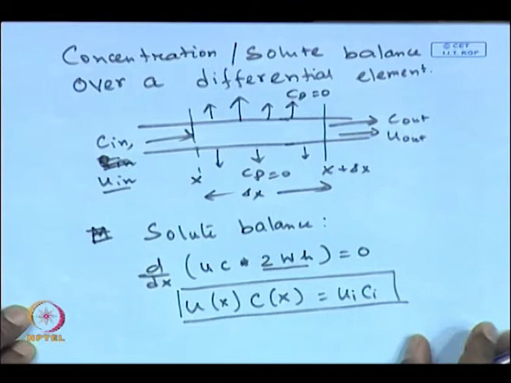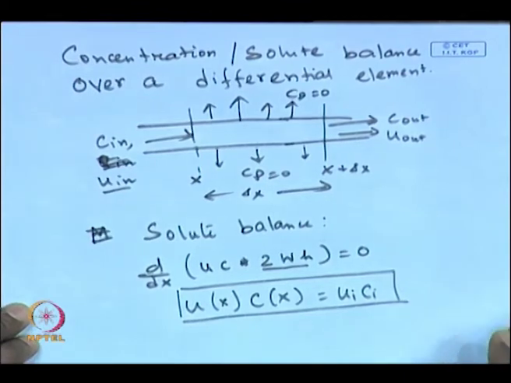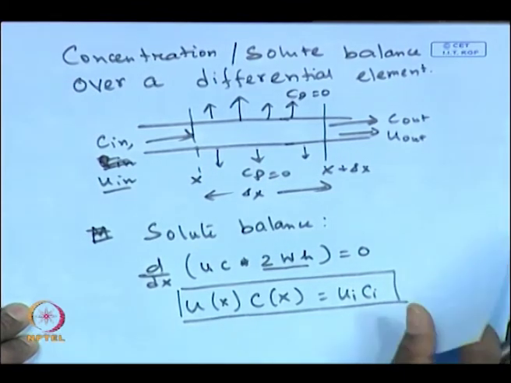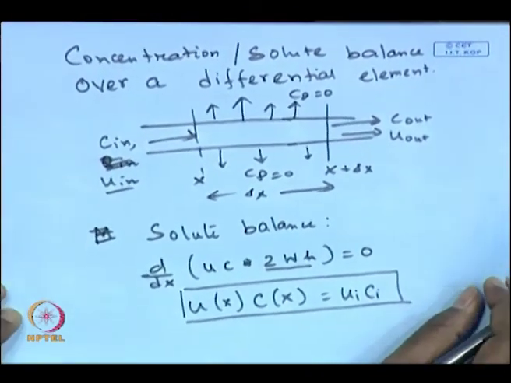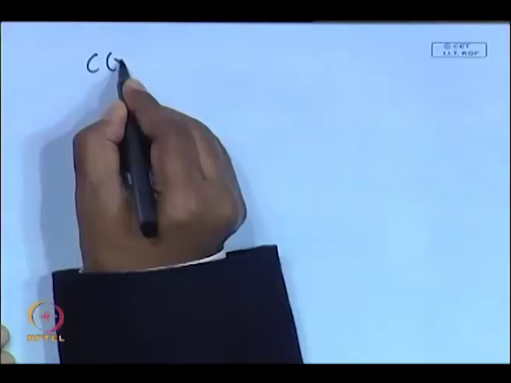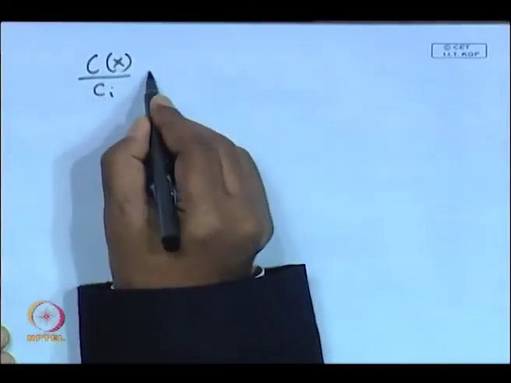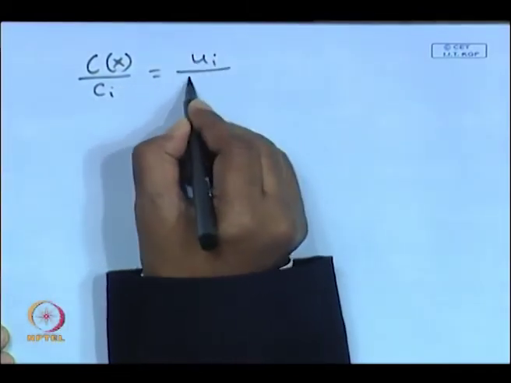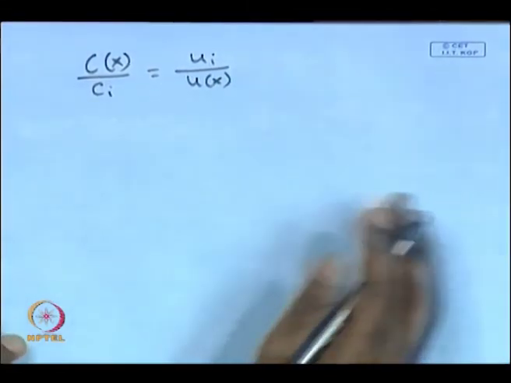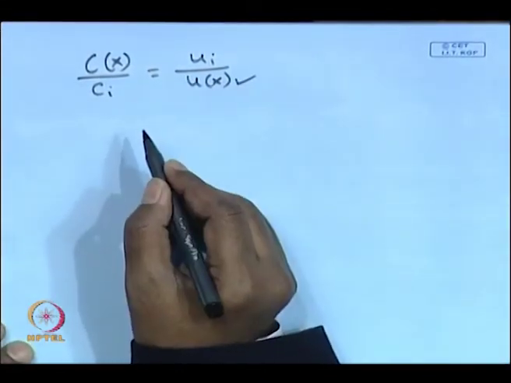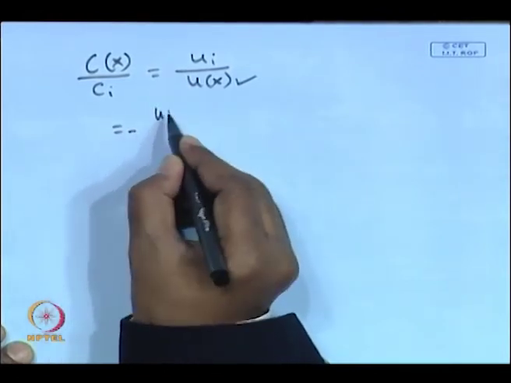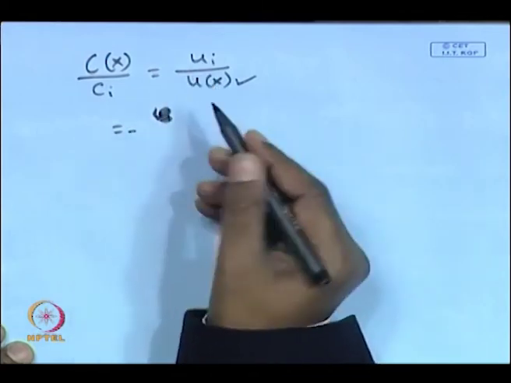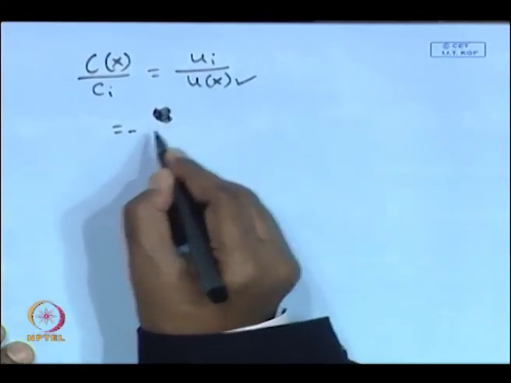Now, we know the expression of U at x divided by U in. So, from this you can get what is the profile of concentration as a function of x. So, C at x divided by C in is nothing but U in divided by U of x. That simply means you have already obtained the expression of U of x, just substitute it there. We have derived U by U in, so it will be the inverse of that.